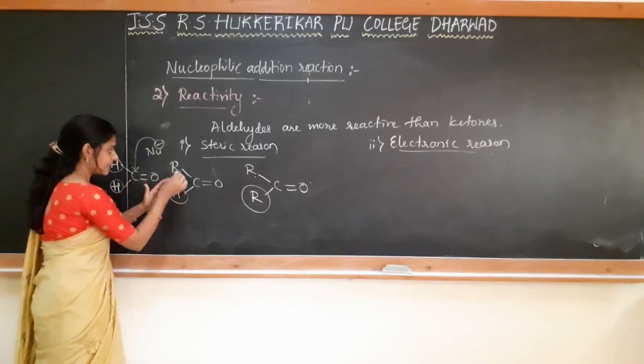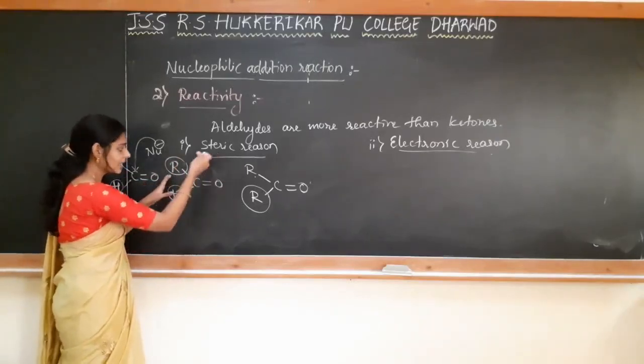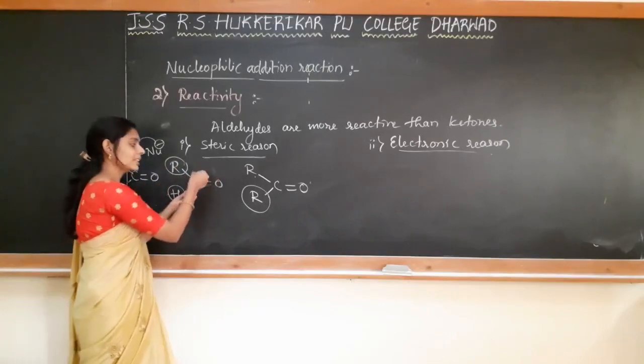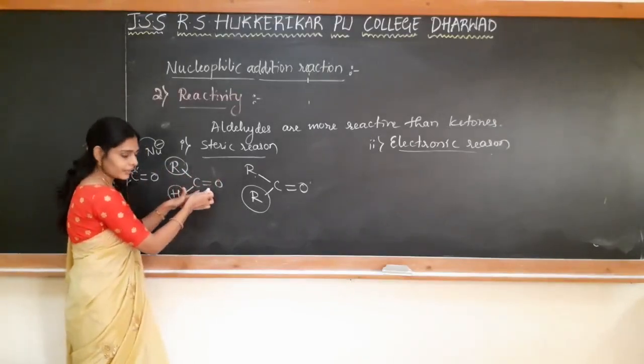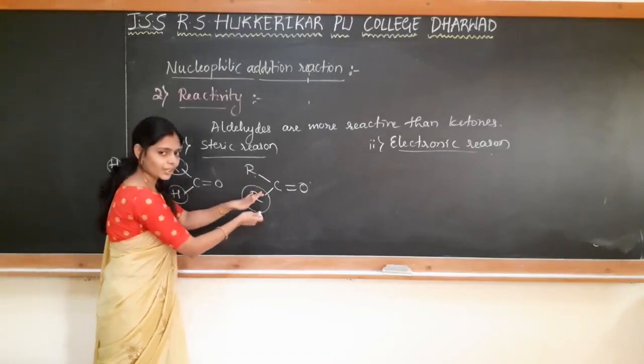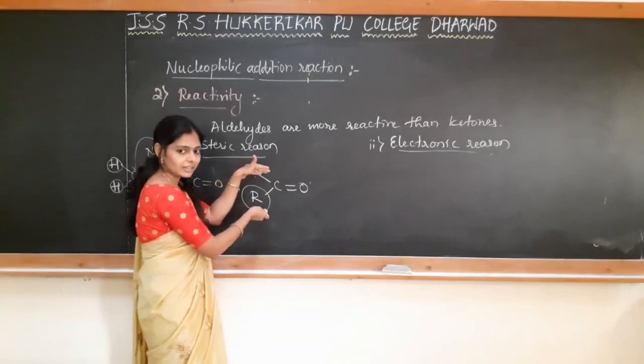But in the other case, as one of them is a bulkier group, it is more difficult for the nucleophile to come and attack the carbonyl carbon. Similarly, if you move to the ketone, both sides have bulkier groups, so there is steric hindrance.